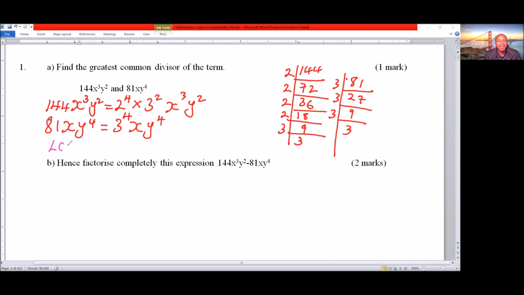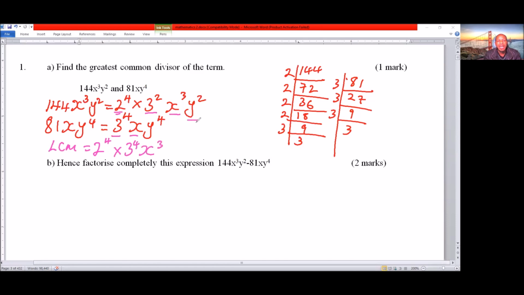So LCM is equal to 2 to power 4, because it is the only 2 that has the highest power. You multiply. Here we have 3 squared and here we have 3 to power 4, so we take 3 to power 4. Here we have x cubed and here we have x, so we take x cubed.